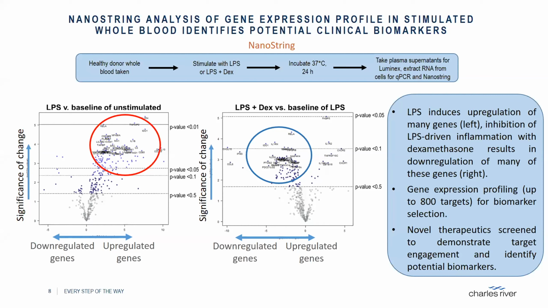Now on the right-hand side, we're looking at the comparison of LPS with or without the dexamethasone, showing that those genes to the left-hand side in the blue circle are downregulated by the test treatment. So this is an example of a technology where we can measure multiple different genes and profile them at the same time, and I'll use these to select our biomarkers and follow up with a higher throughput technique to then validate.